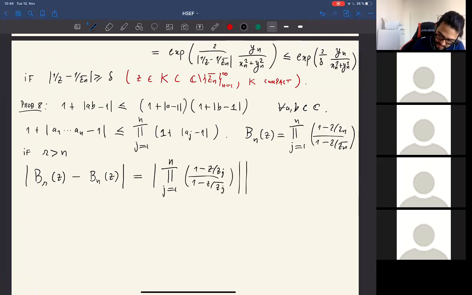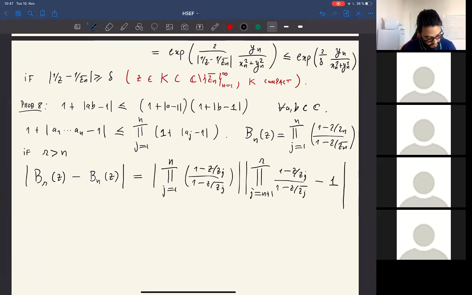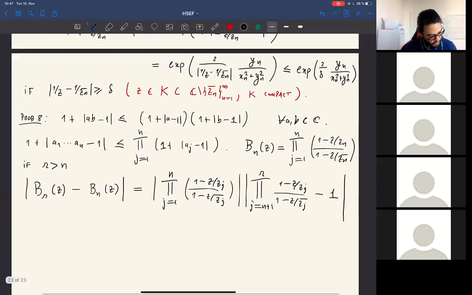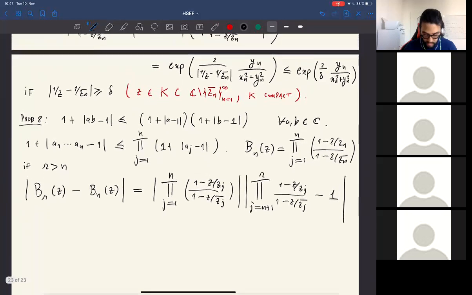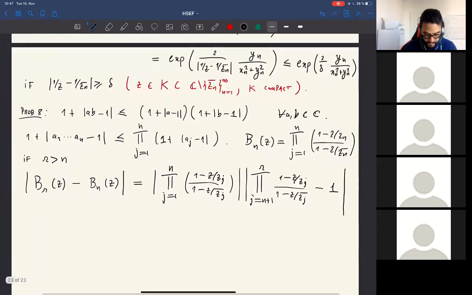And then you have another bit, which is j from n plus 1 to r. And then we have a minus 1. Okay, great. Now, what we're going to do is the following.